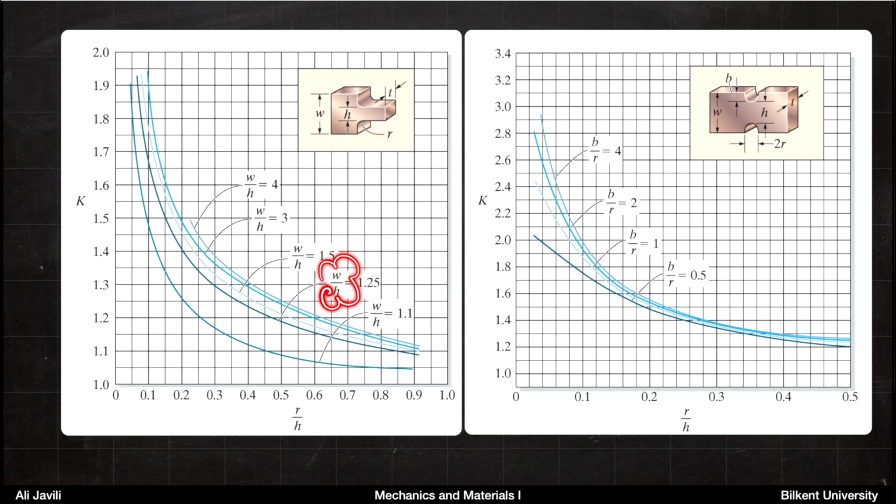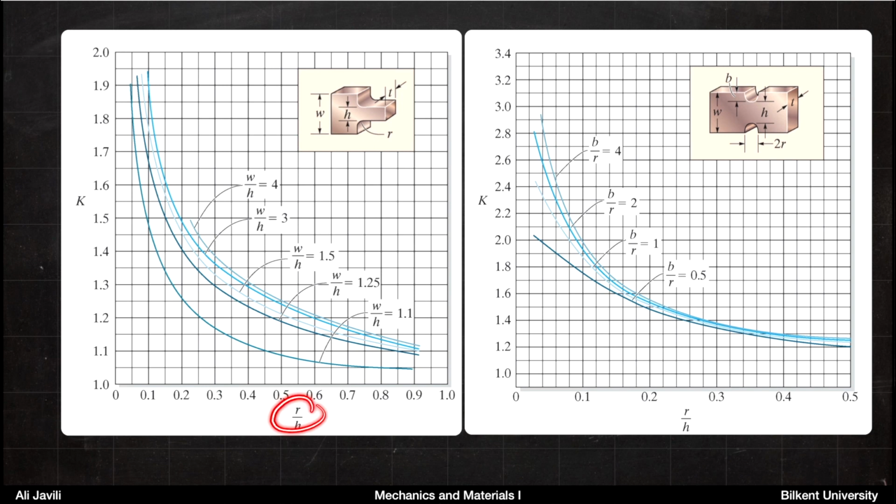W over H is the ratio of the larger height over the smaller height. You can imagine that if this ratio gets larger, you get larger stress concentration factors. If this ratio is 1, you have a uniform cross-sectional area, so no concentration factor.